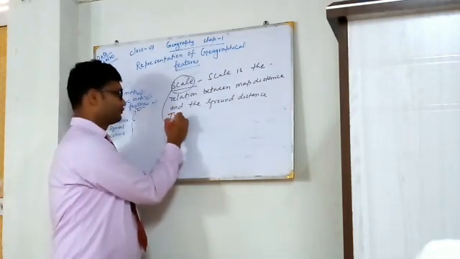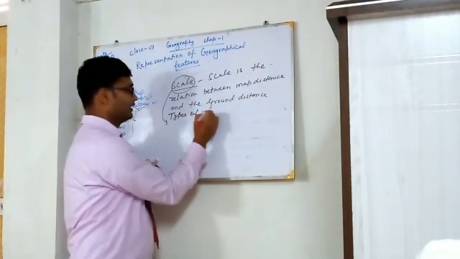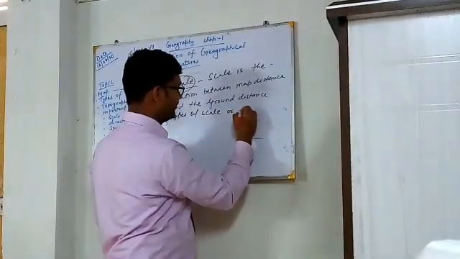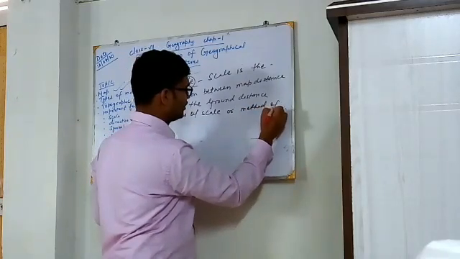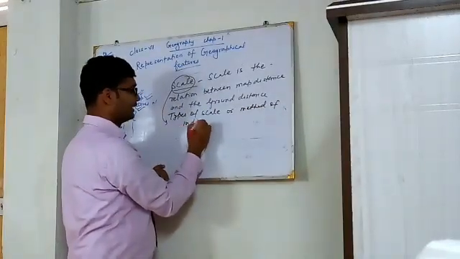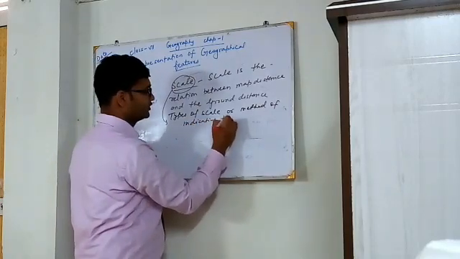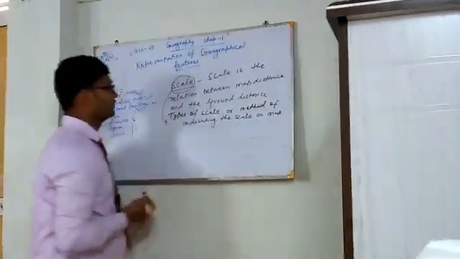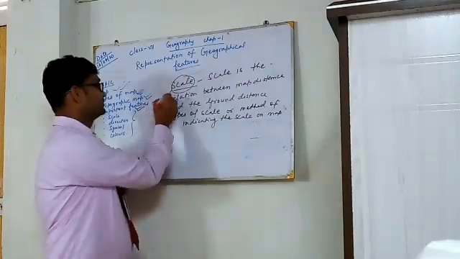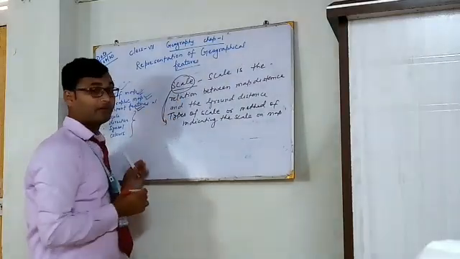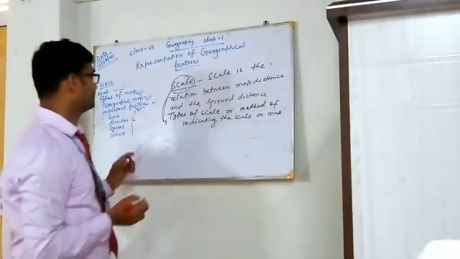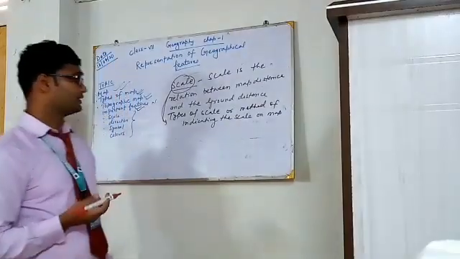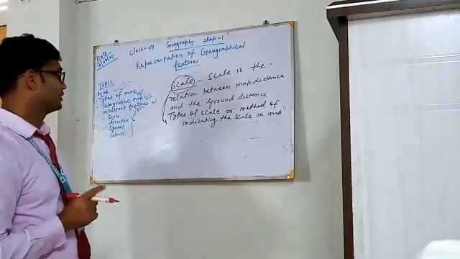Types of scale, or methods of indicating the scale on map. A scale is always given below the map. What are the methods of indicating the scale on the map?